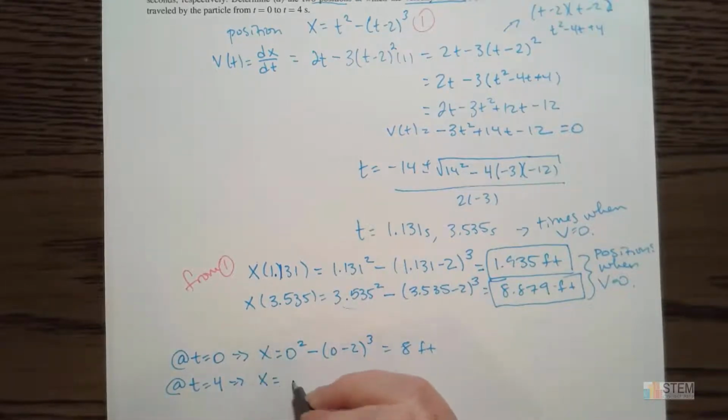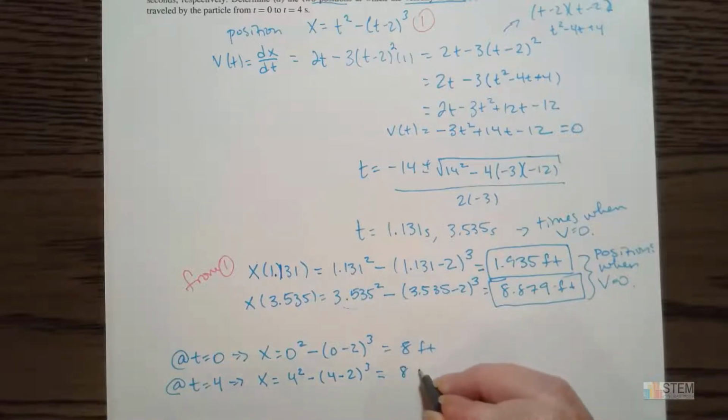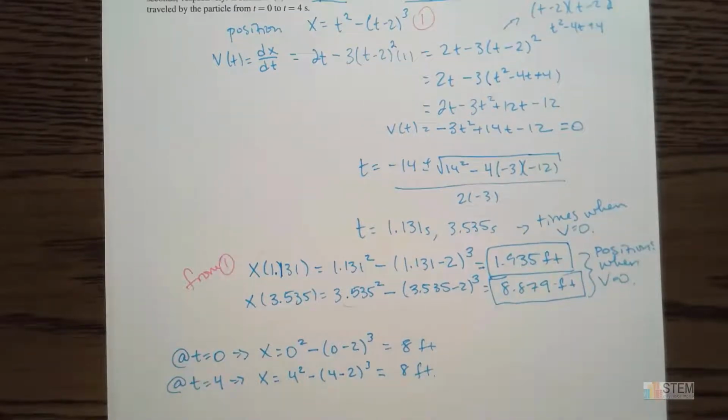Just plug in 4 everywhere we have t. So we get 4 squared minus 4 minus 2 cubed. This is going to be 4 times 4, which is 16, minus 2 cubed, which is 8. So 16 minus 8 is 8 again.